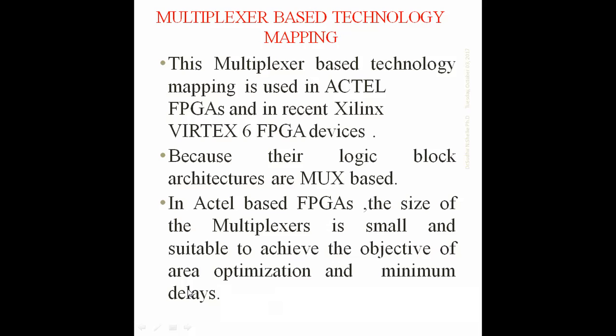When delay is reduced, automatically speed increases. With optimization of area, that is reducing the area, automatically the space occupied by the IC also reduces. Two basic objectives for any IC are optimization with respect to the area as well as the delay.